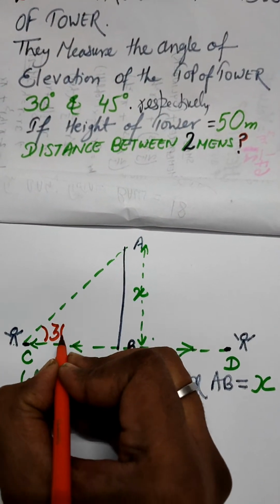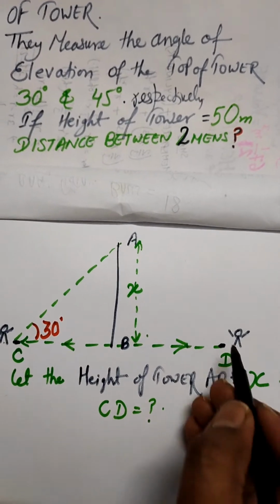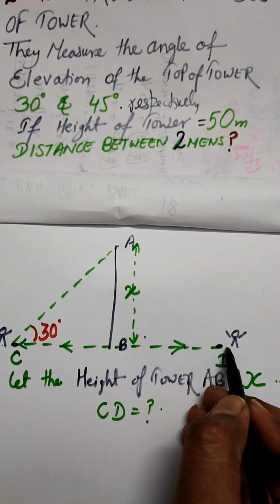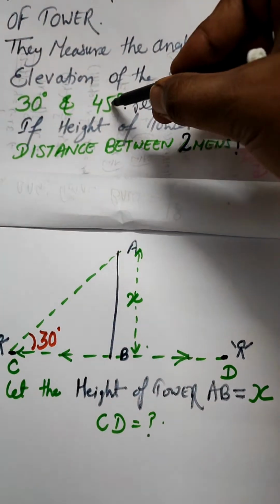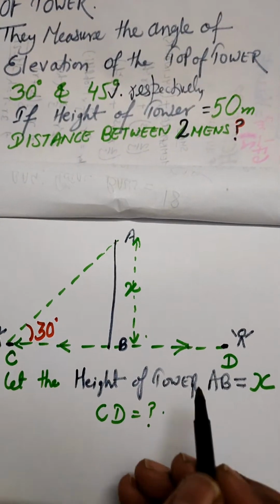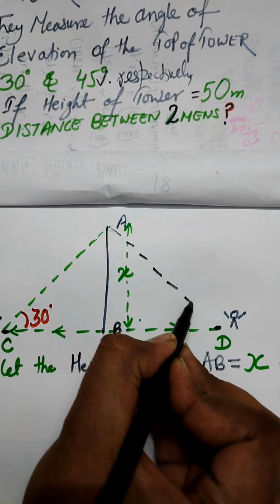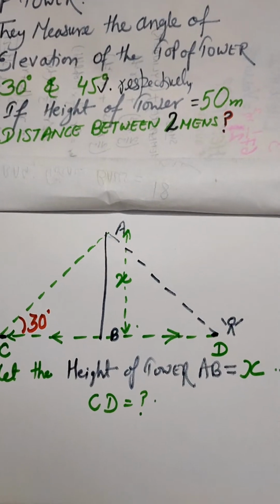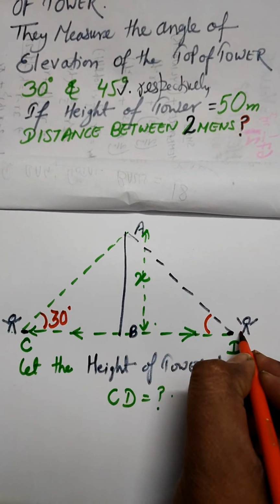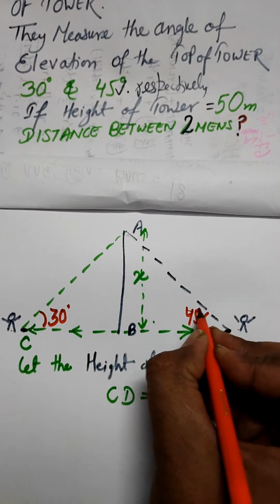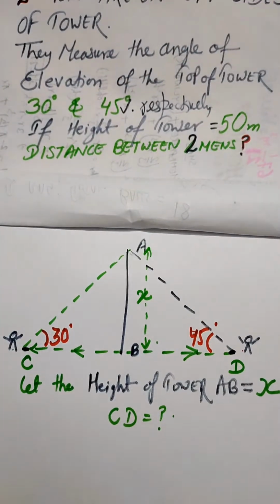So 30 degree is the angle of elevation. Similarly, when another person is looking at the tower top, he will have the angle of elevation as 45 degree. So let's say this one, I'm drawing it like this. So the angle of elevation of the other man to the tower is 45 degree. See, the question mentions it very clearly.